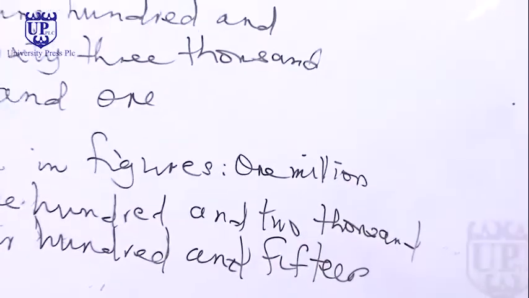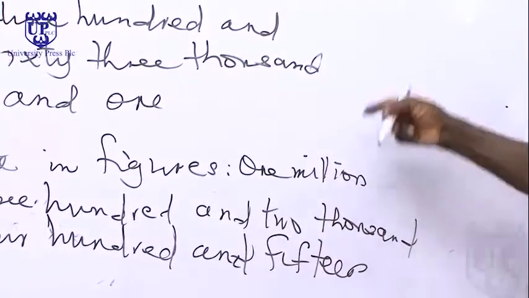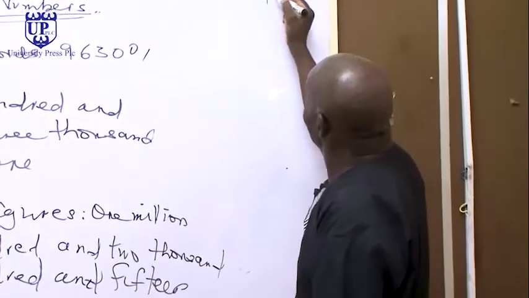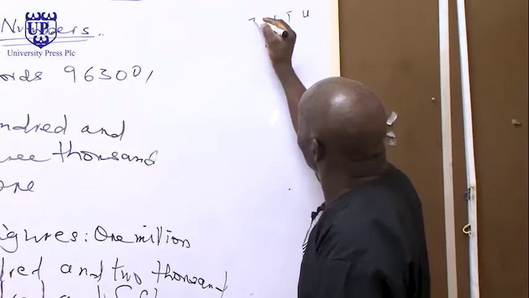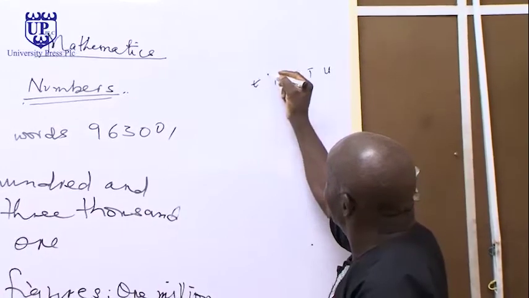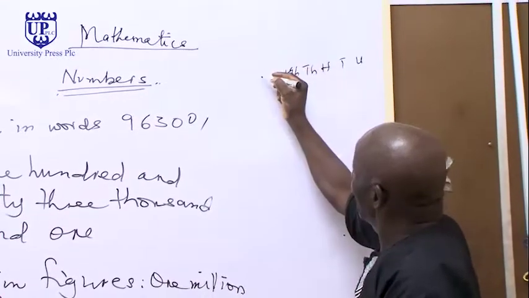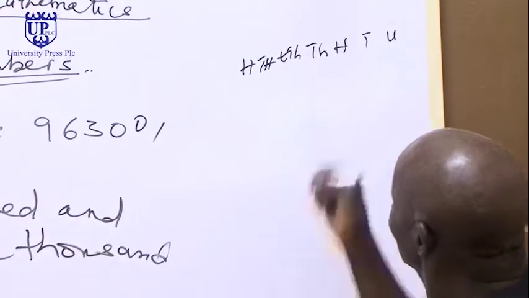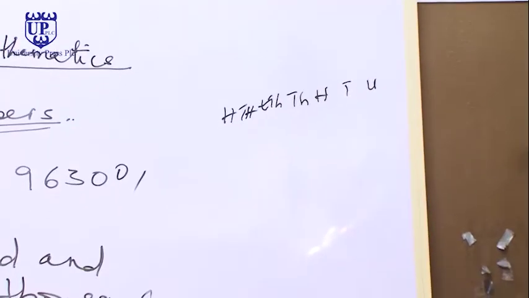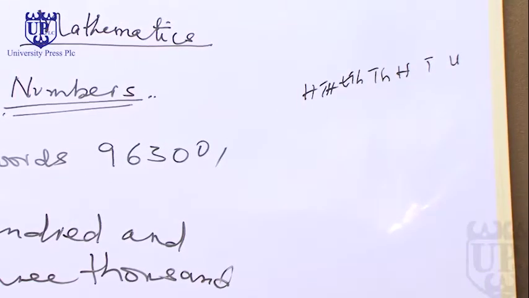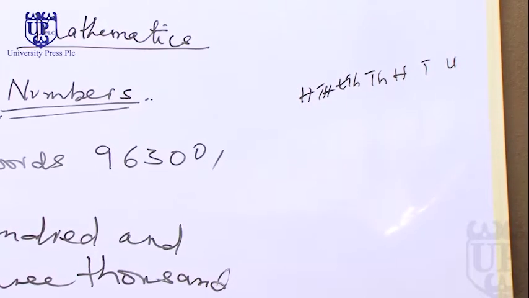If care is not taken, you mess it up. They say 1,000,000. You know the other time we start from units, 10, 100, 1,000, 10 of 1,000. Let me use small t now. 100 of 1,000. Now when you say 1,000 of 1,000, that is million. 1,000 of 1,000 is 1,000,000. Million.